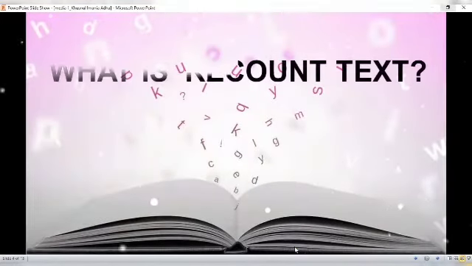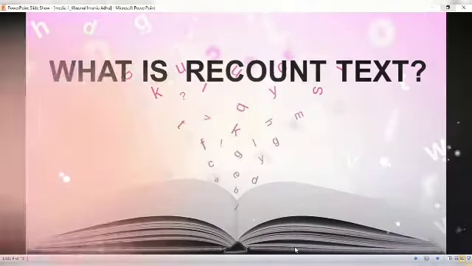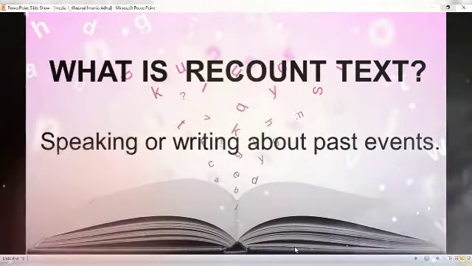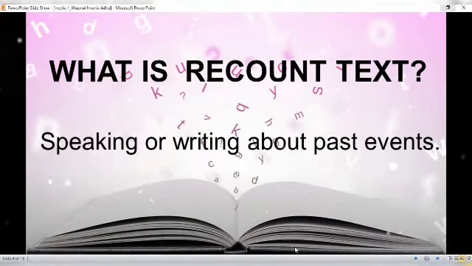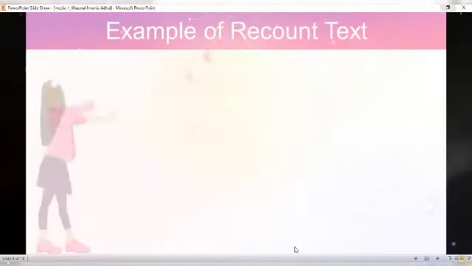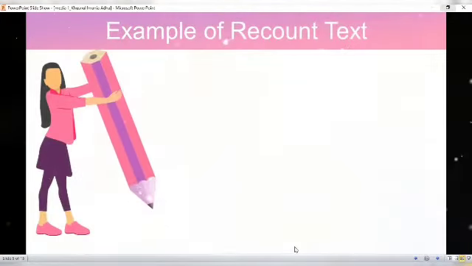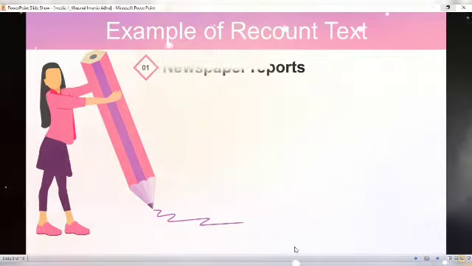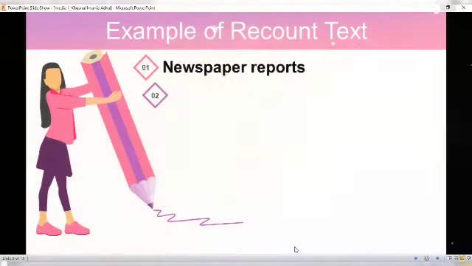Okay, now what is recount text? Recount text is about speaking or writing about past events. And here are examples of recount text. Number 1, newspaper report.